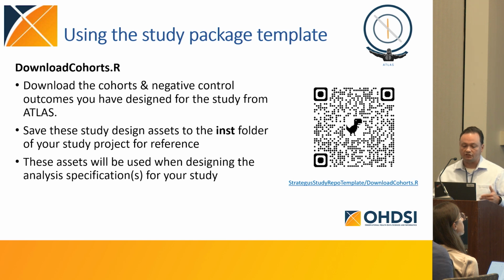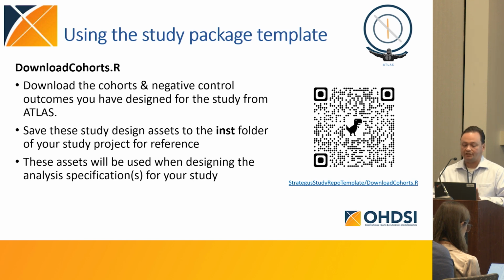So to start, within the study package template, we have a script called download-cohorts.R. The reason that this exists is sometimes you need to download the cohorts that you may have developed inside of Atlas into your study package. So you just want to have a way of copying down that code and keeping it as an artifact for your work. The same holds true for the negative control outcomes, which are stored as a concept set inside of Atlas.